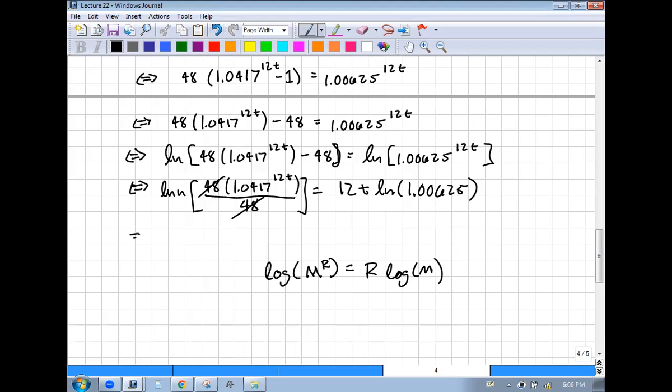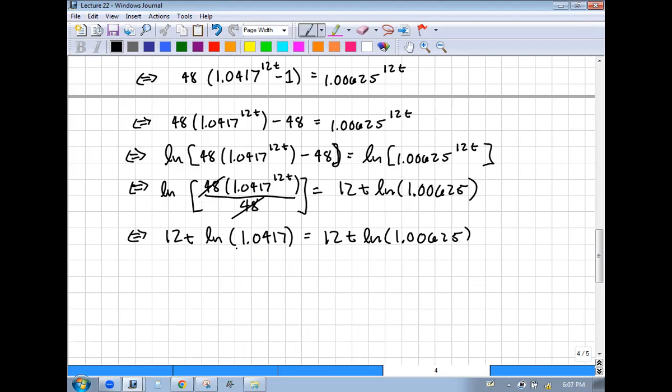So we get 12t natural log 1.0417 equals 12t natural log 1.00625. This doesn't look good because we could just divide out our t's here.